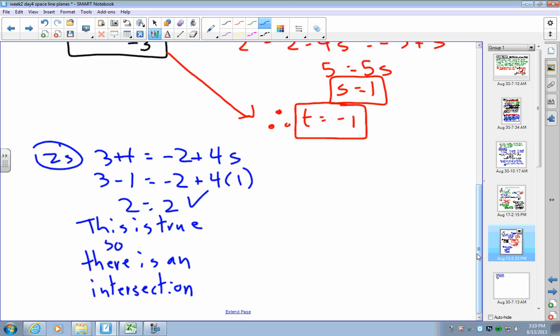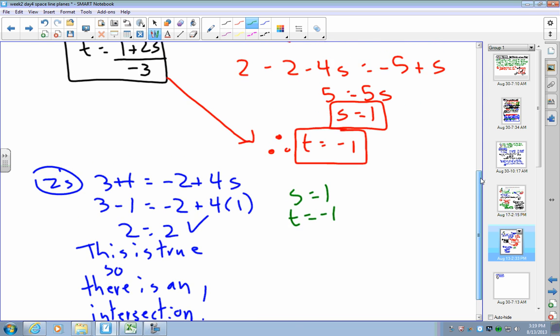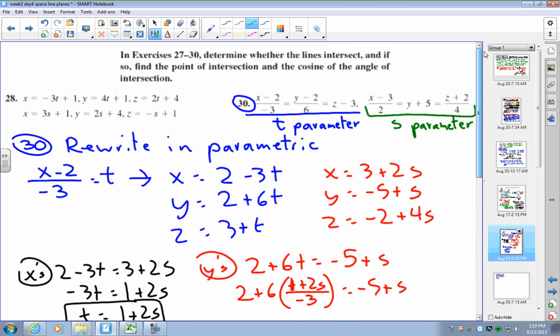And if you want to know where that intersection is, all you need to do is go, wait a second. I know s is 1, t is negative 1. Let's plug those back into our lines up here.